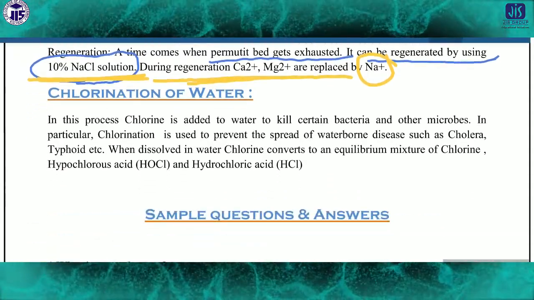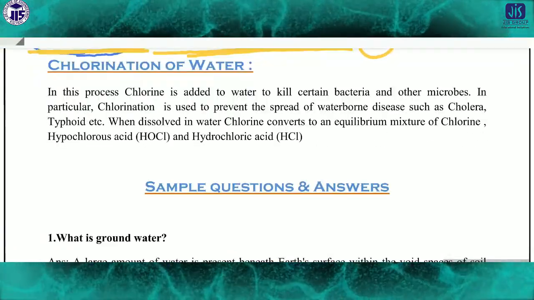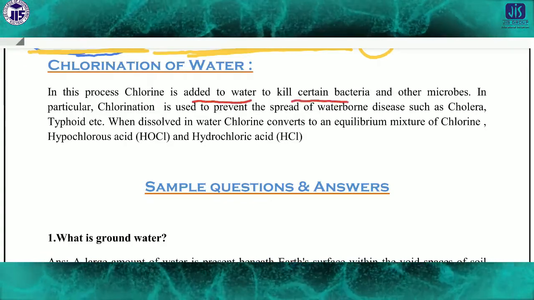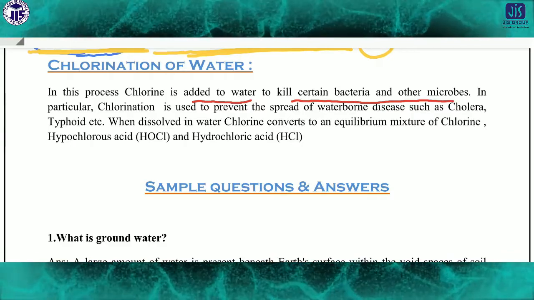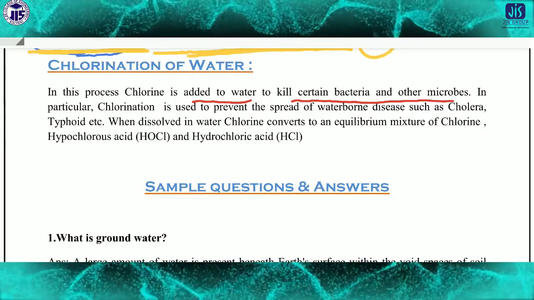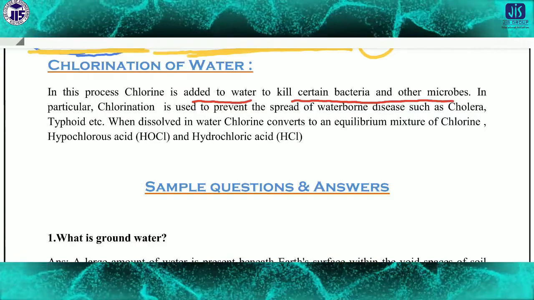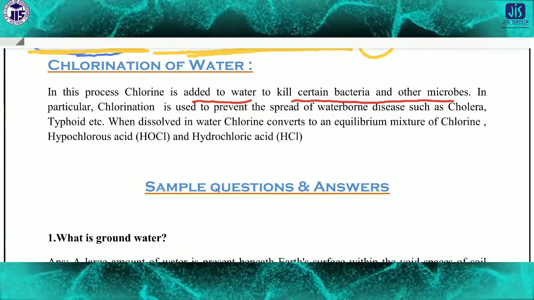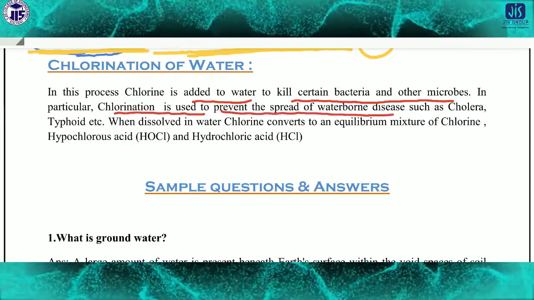Now, chlorination of the water. Chlorination means in this process chlorine is added to the water to kill certain bacteria and other microbes. In particular, chlorination is used to prevent the spread of waterborne disease.